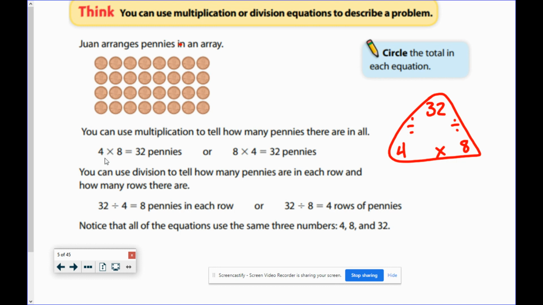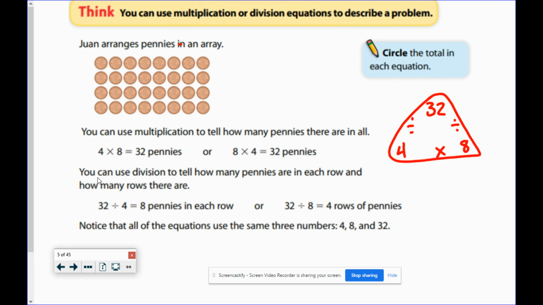So we can use these multiplication sentences to describe how many pennies there are in Juan's array. 4 rows of 8 is 32, or 4 times 8 equals 32 pennies. Or if we look at it as 8 pennies in each group, and 4 groups, there's 32 pennies in all. So 8 times 4 is 32.